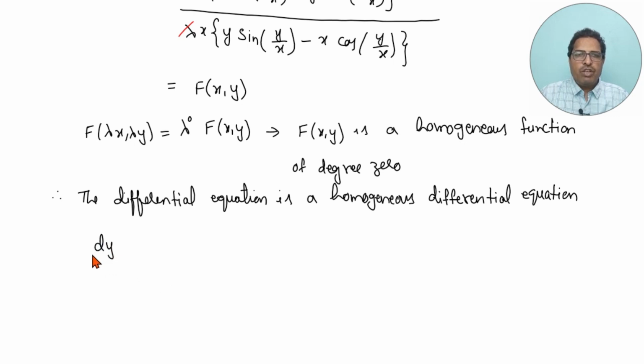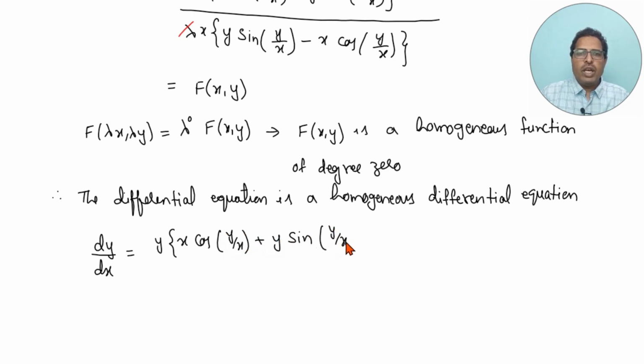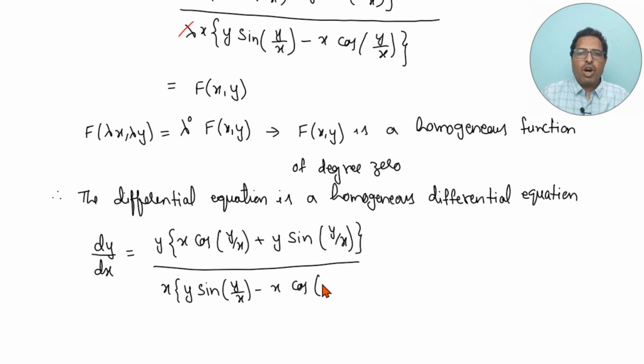The differential equation is nothing but dy by dx equals y times x cos of y by x plus y sine of y by x, whole divided by x times y sine of y by x minus x times cos of y by x.